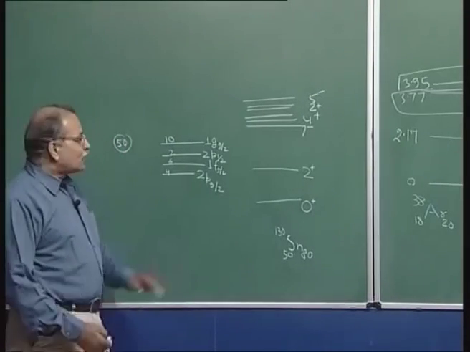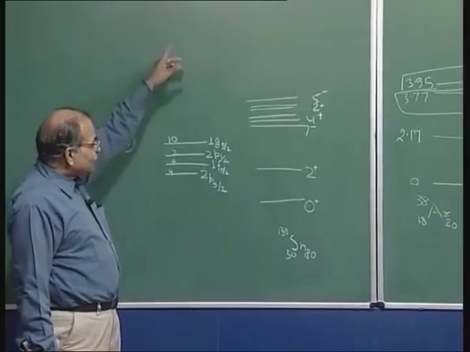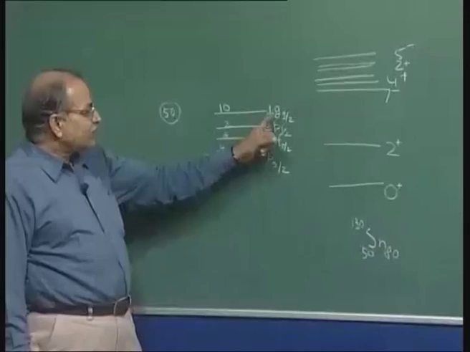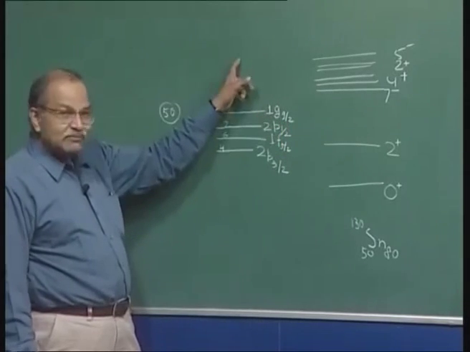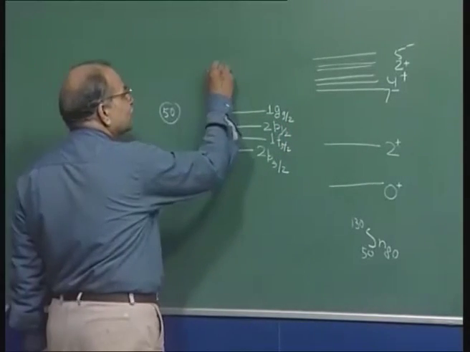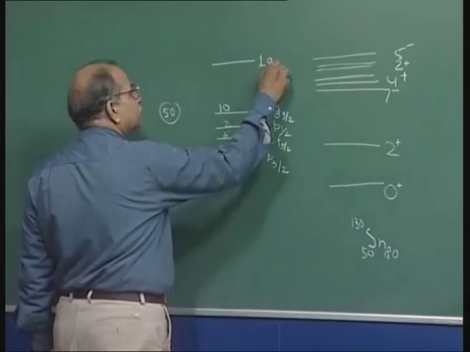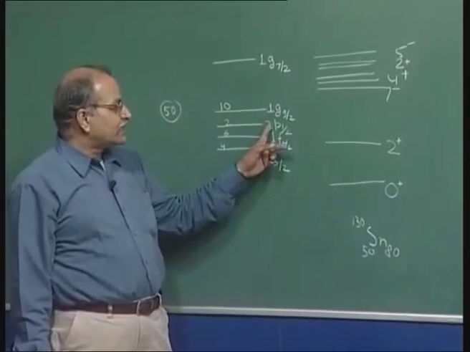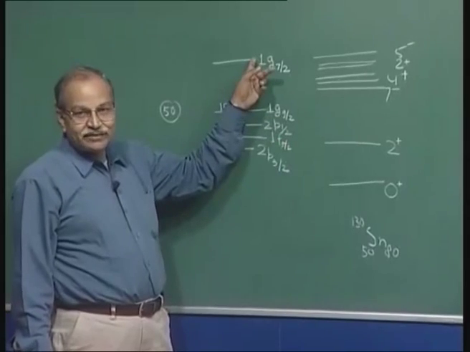right. What will be the next shell? Look at systematically, one series, principal quantum number 1, 1g 9 by 2 here. So, 1g 7 by 2 should be there. So, 1g 7 by 2. 2 series, 2p is here. So, 2d should be here.